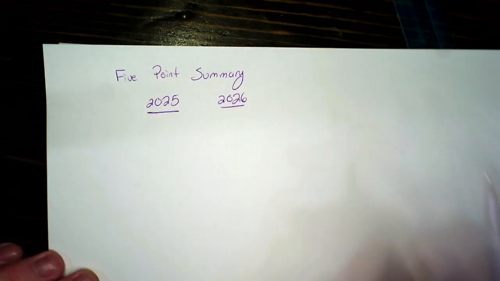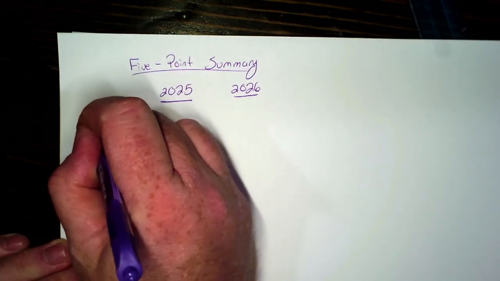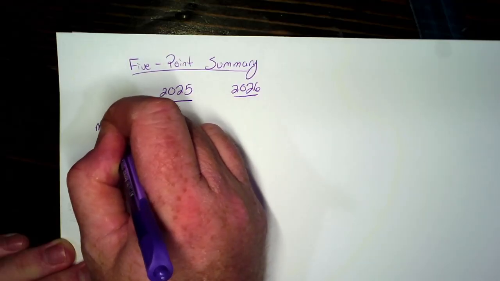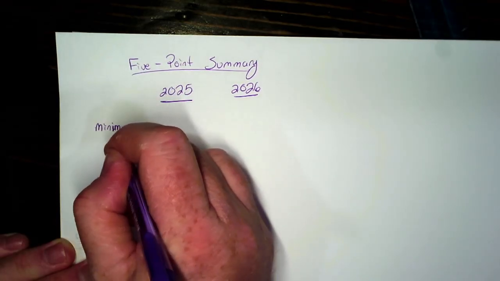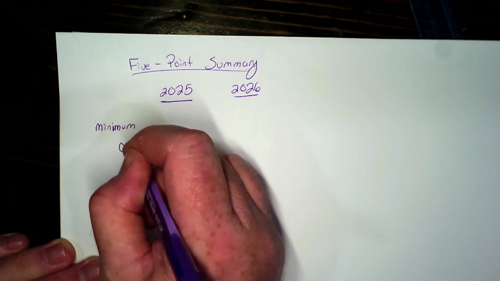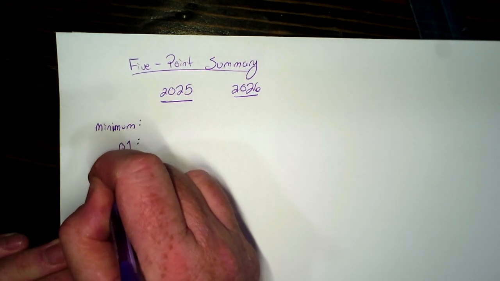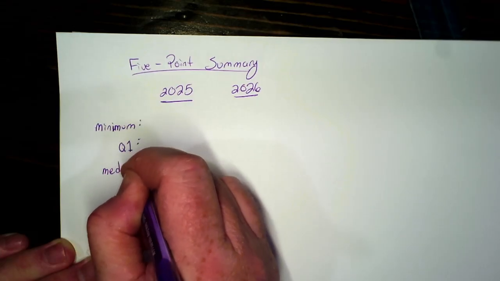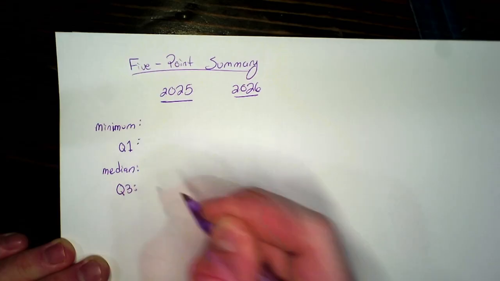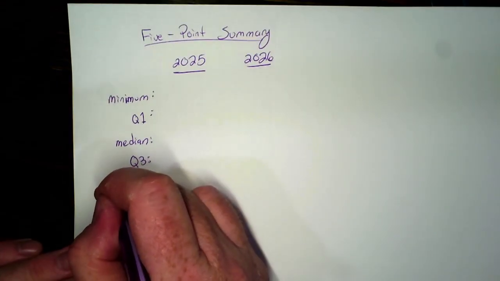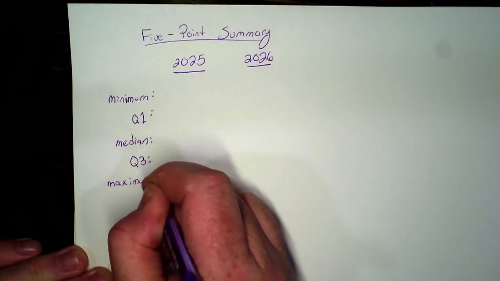Now, the 5 points we are interested in are the minimum, Q1, which we'll talk about in just a minute, the median, Q3, and the maximum. Now you may be asking, where's Q2? Maybe you can figure that out.